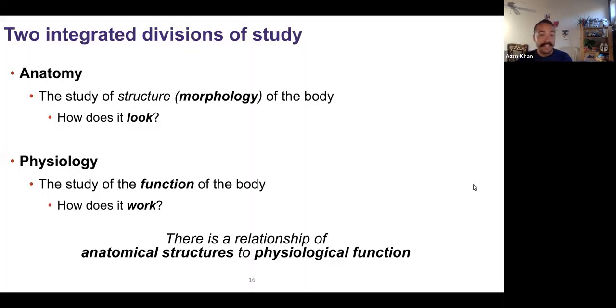And that's what anatomy is. Anatomy is the study of structure, of morphology, studying how something looks and relating that to its function. That's what physiology is. Physiology is the study of the function of the body. How does it work? There's always a relationship between structures and functions for biological systems like ours and every other living organism, and for inanimate objects like this pen.